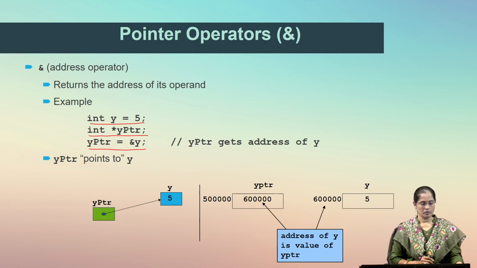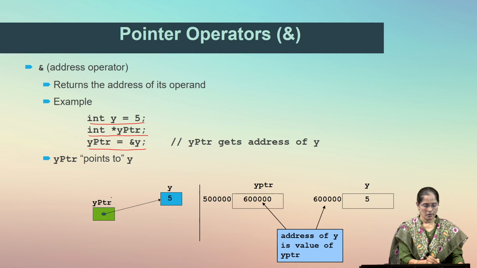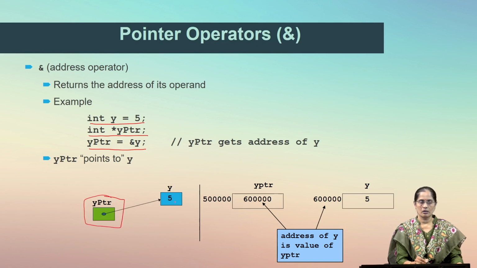From the figure you can find that y pointer is the pointer variable which points to the variable y. So, y has this address, which is actually the value stored in y pointer. When I want to know the address of y, it is enough if I know y pointer, I can locate the address where y is actually stored.